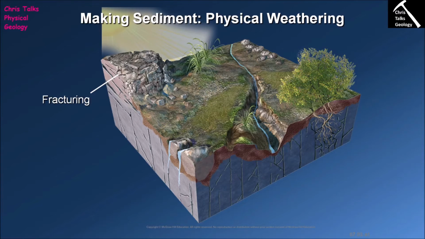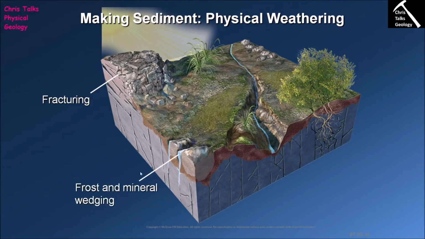As the rock gets uplifted and pushed towards the surface, the pressure drops. The rock naturally expands, and as it expands, it cracks. Fracturing can be produced by a number of processes, but the fractures that form will then typically be exploited by other weathering processes, which weaken the rock and cause it to fall apart.